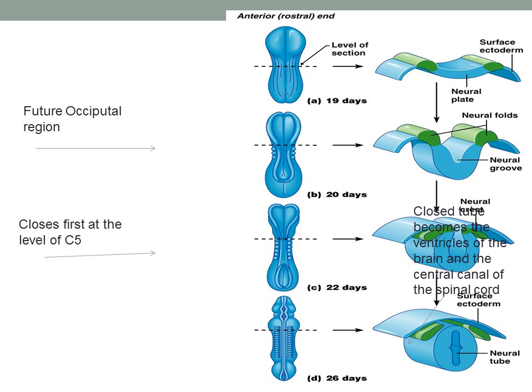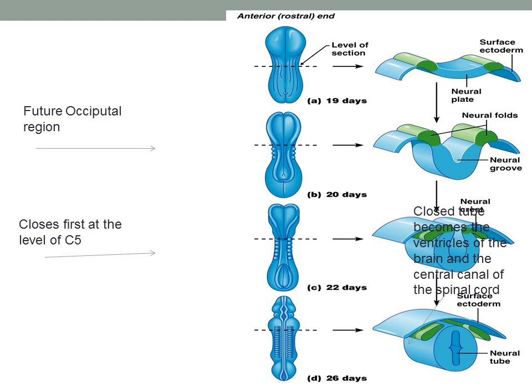And then, just to review that now, the neural tube and the neural crest cells derived from the surface ectoderm, the most dorsal germ layer.